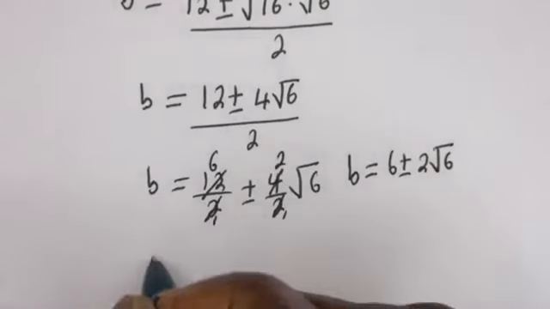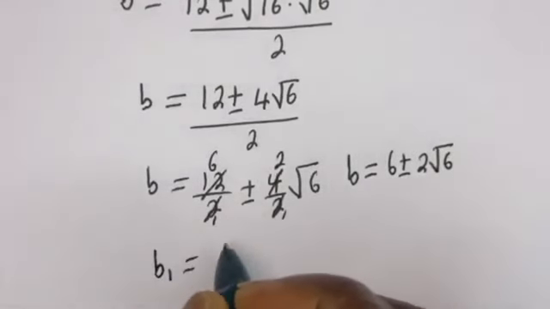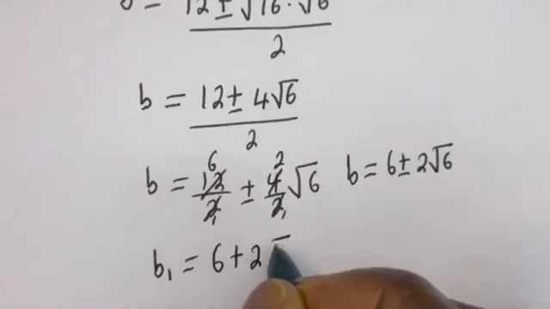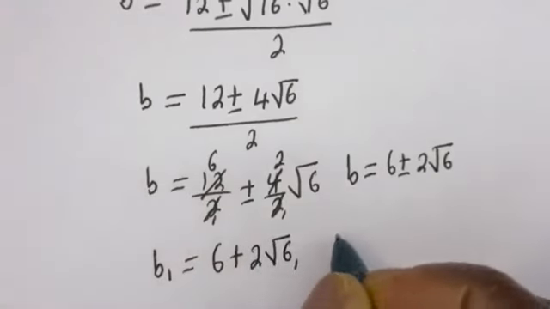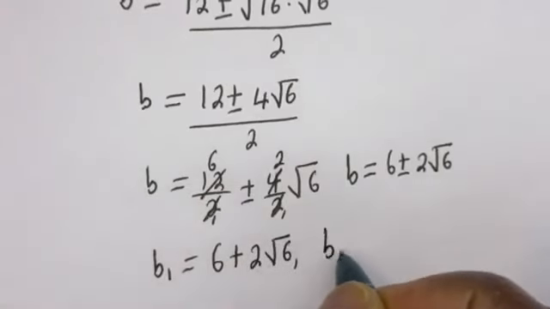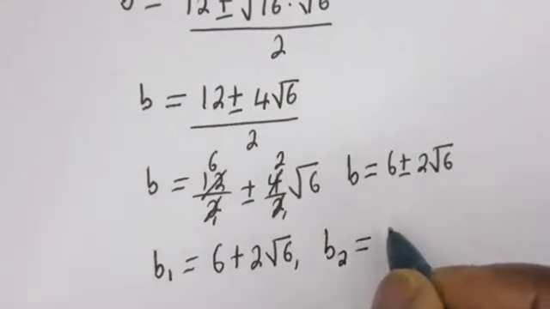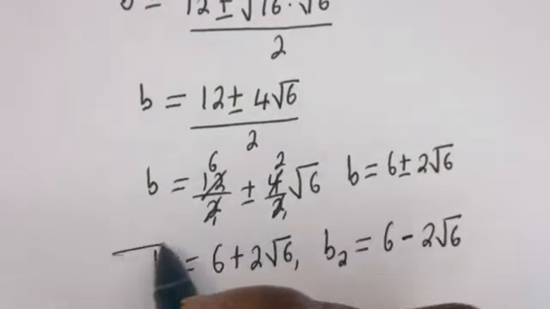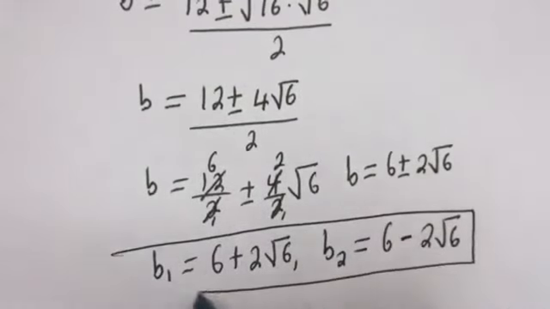Therefore, B1 is equal to 6 plus 2 root 6, and B2 is equal to 6 minus 2 root 6. These are the values of B.